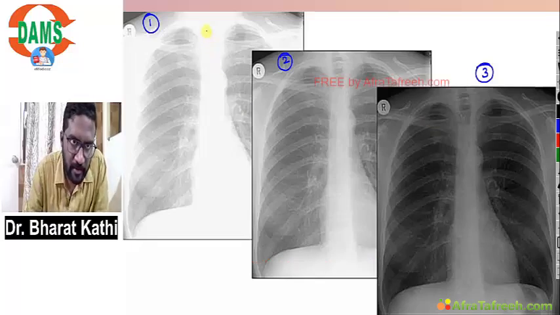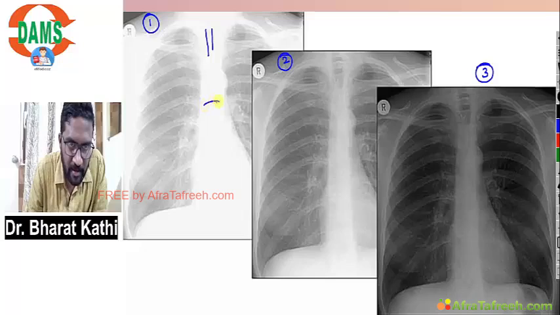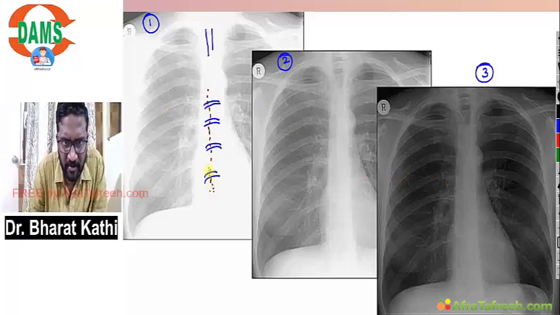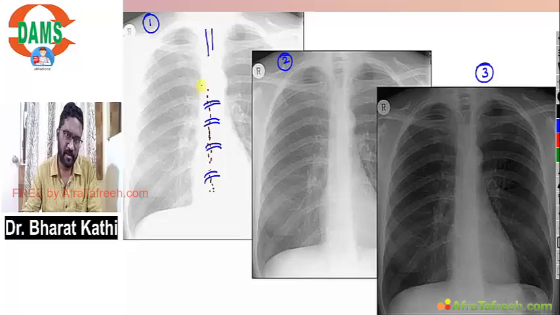Now as I told you, normally you should see the tracheal shadow up to the clavicles, and behind these, intervertebral spaces should be faintly visible. And also you should see some amount of spinal cord.